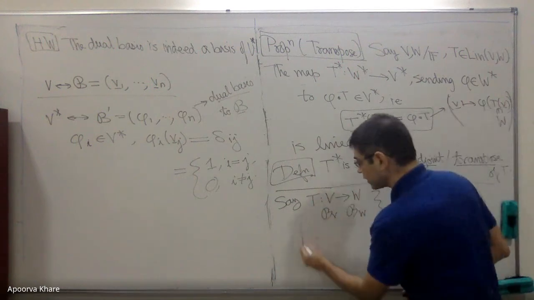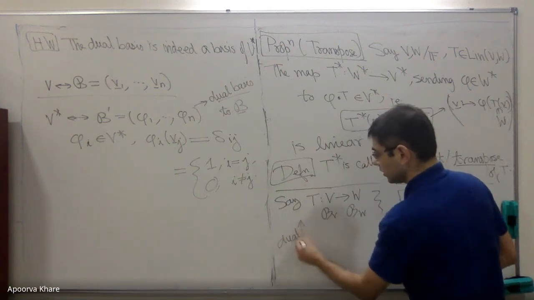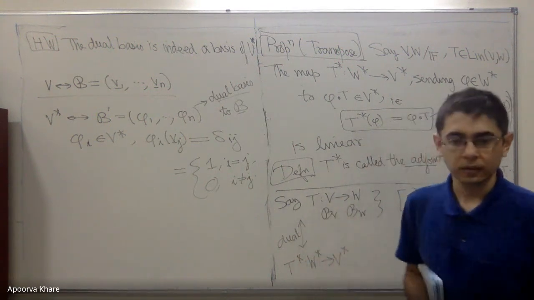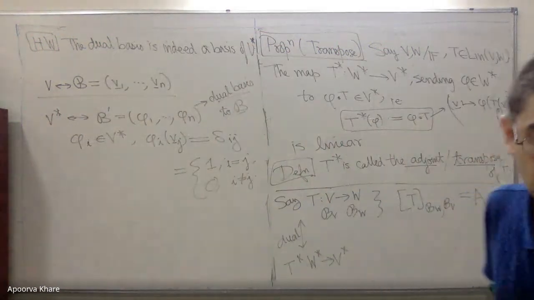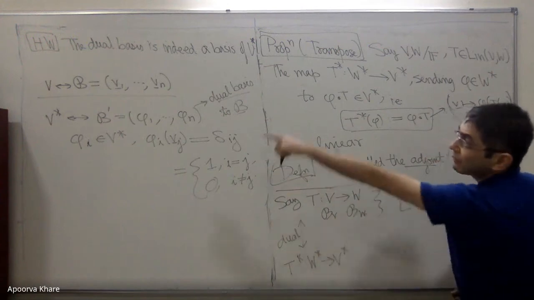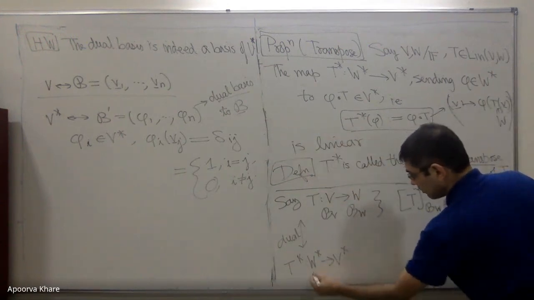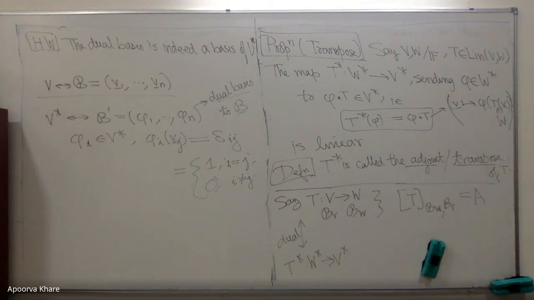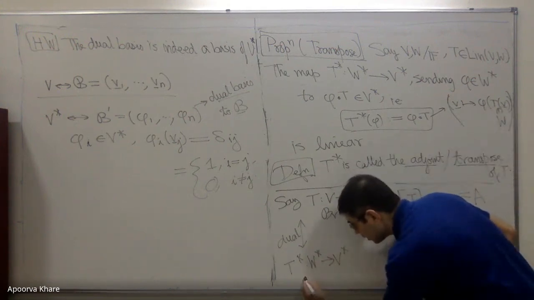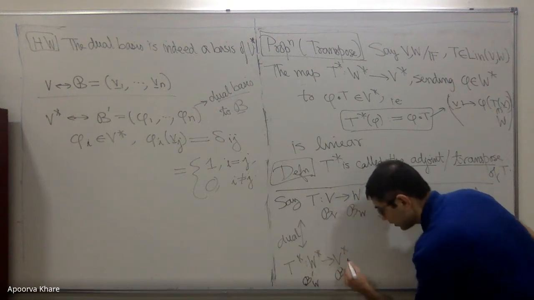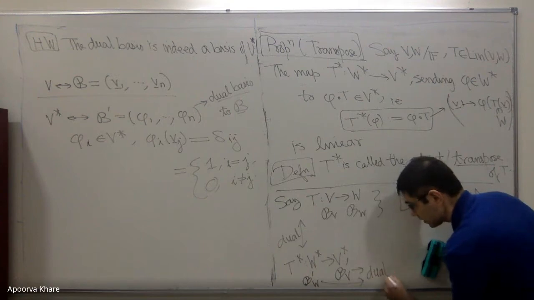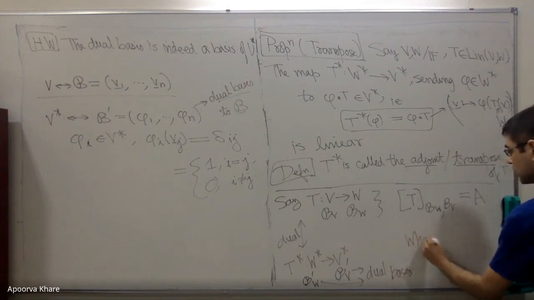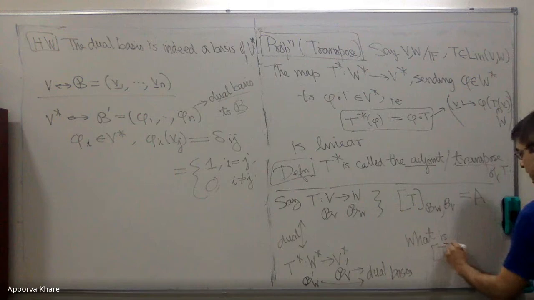Similarly, I can look at the dual of this picture. Then I would have T star going from W star to V star, and similarly for W star and V star, I would have the dual bases, B prime W and B prime V. And so I can also ask the same question: what is the matrix of T star?